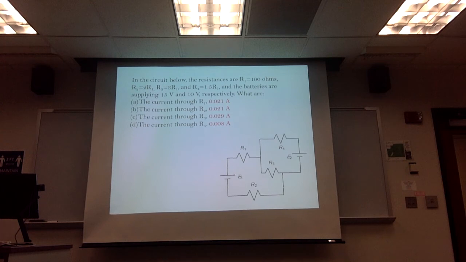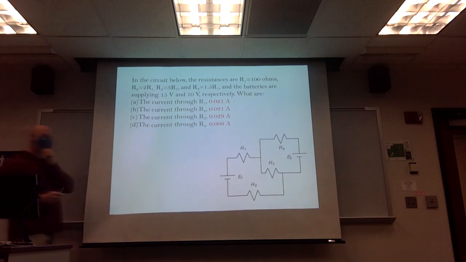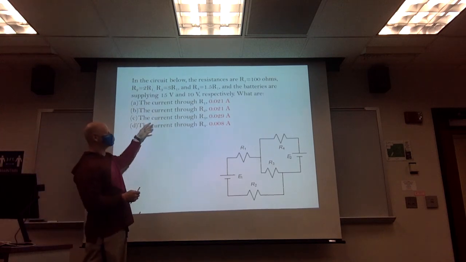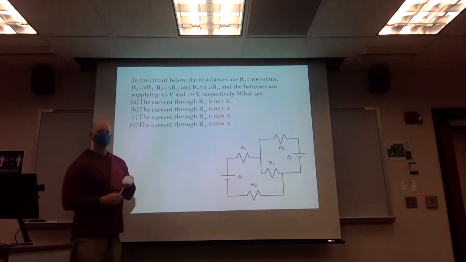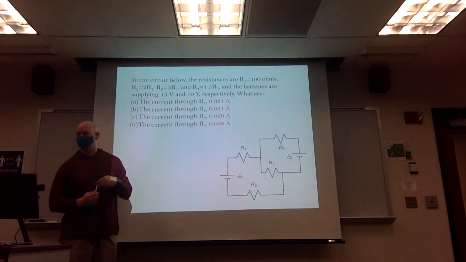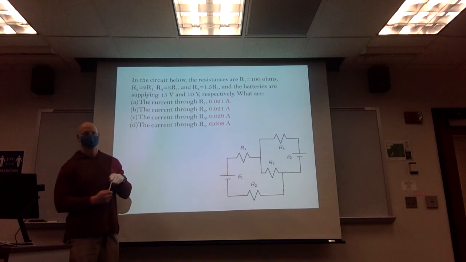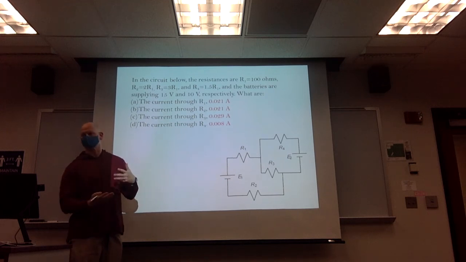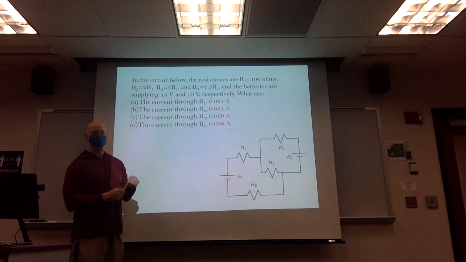Now, if I did something like this on the exam and asked you what the current was through each one of these individual resistors, just because there are 4 resistors doesn't mean there are 4 currents. Some of them will have the same currents because they're connected in series.